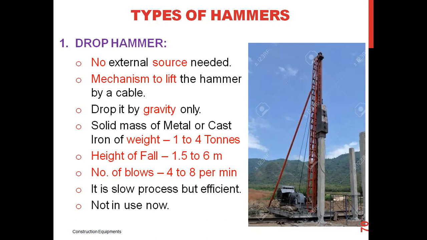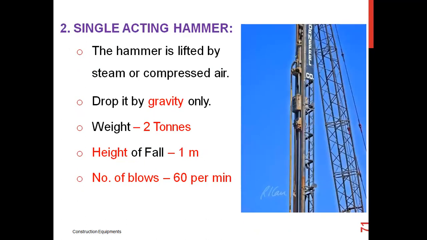The number of blows is 4 to 8, which requires efficient effort by the workers to quickly hang the hammer by a cable to the lift, so the maximum number of blows it may give is 8 per minute. It is a very slow process but efficient, and it is not in use nowadays.